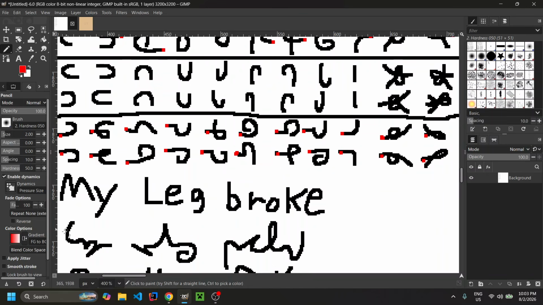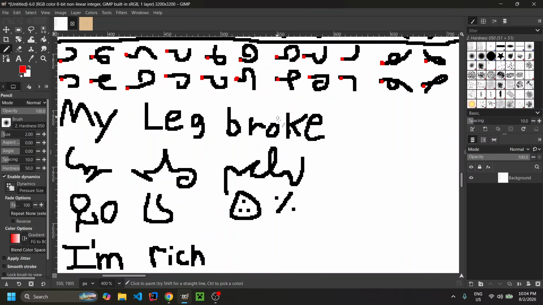As that we have the M, the Y, and the E, because it's my, and then we have the L, E, and G, leg, and the B, O, B. The BR gets combined, so brr, O, and the E is silent to make this long, which gives it the O sound.